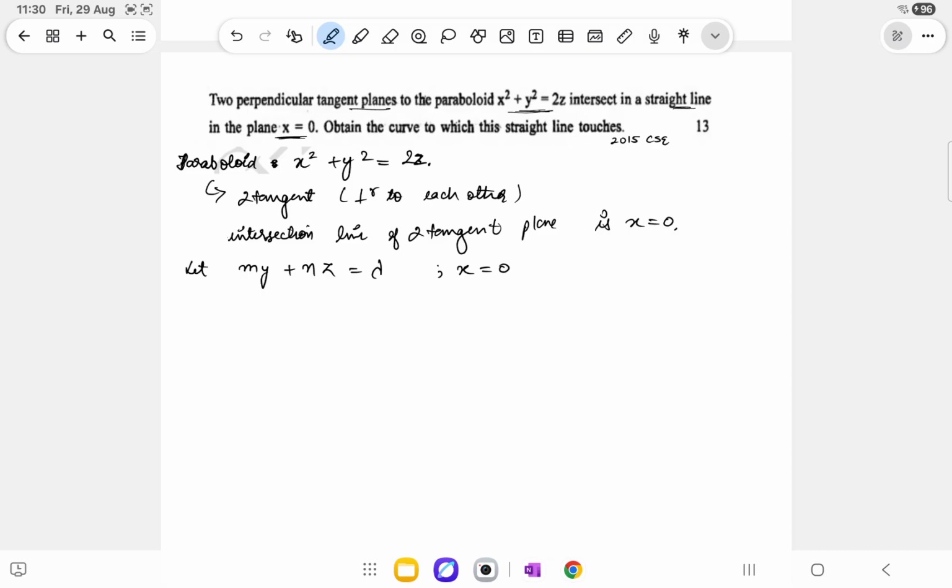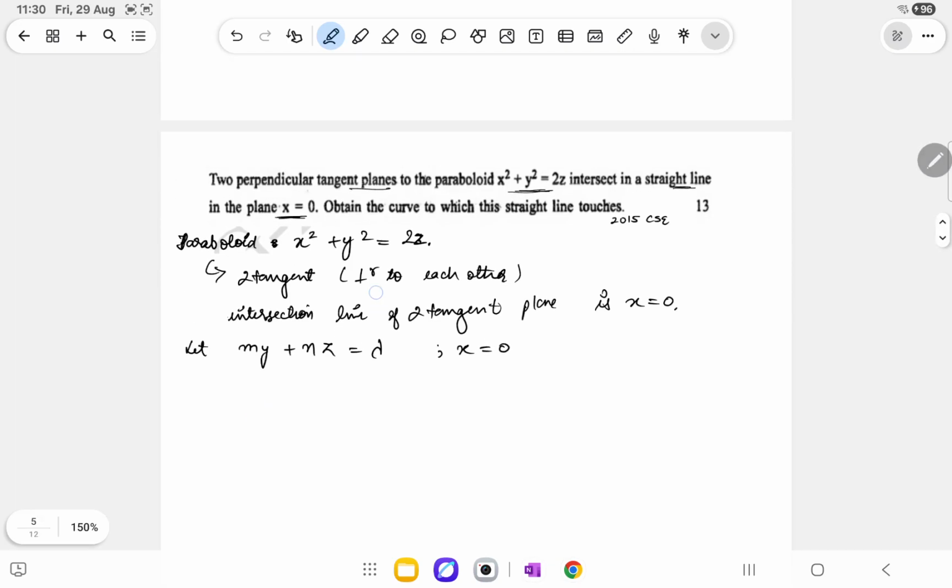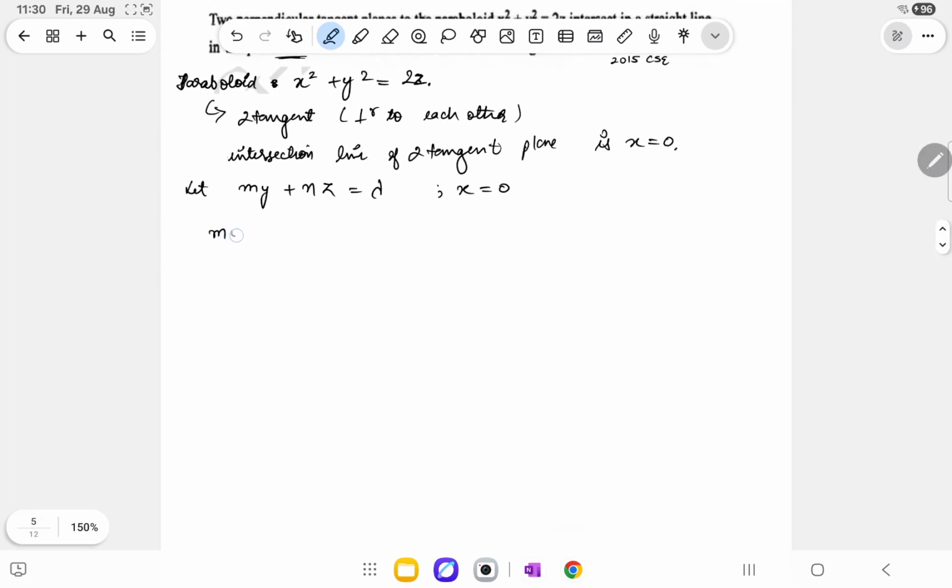The question says these two tangent planes have x equals 0 as the intersection line. So the plane through the intersection line will be my plus nz minus lambda plus k into x is equal to 0. If I simplify it, I'll get kx plus my plus nz minus lambda is equal to 0.